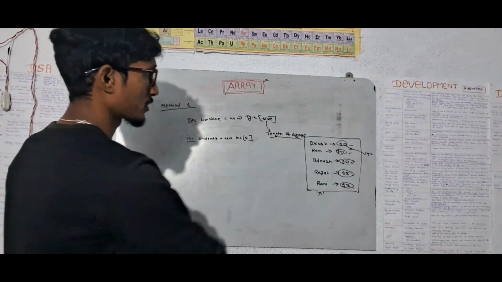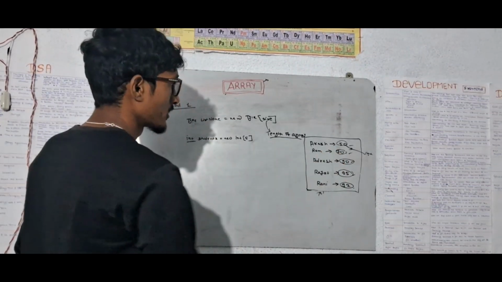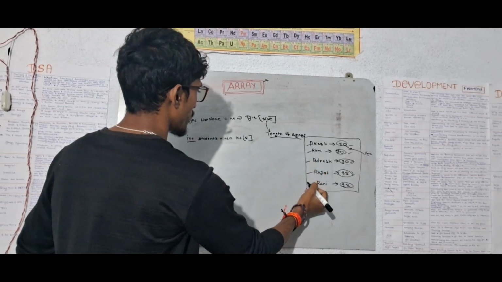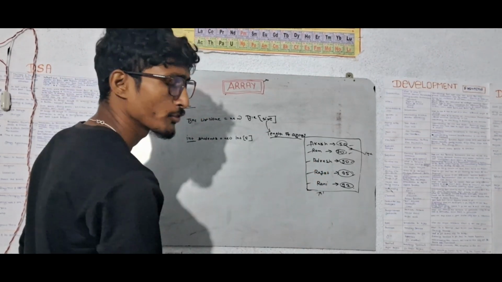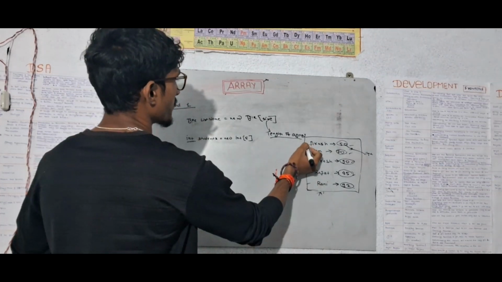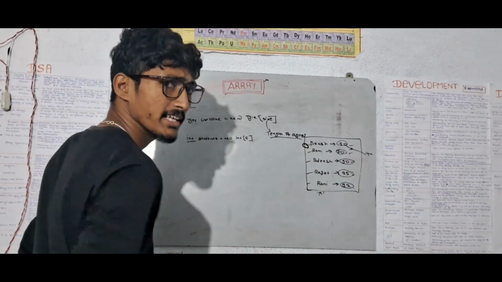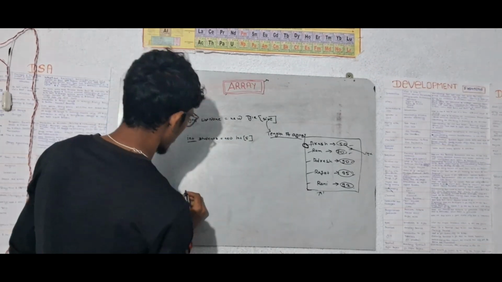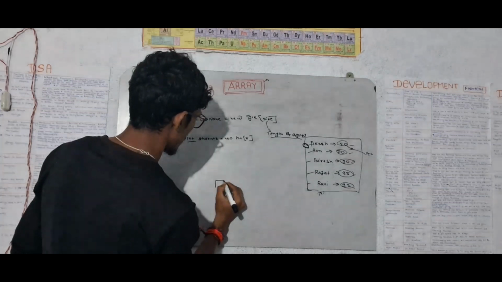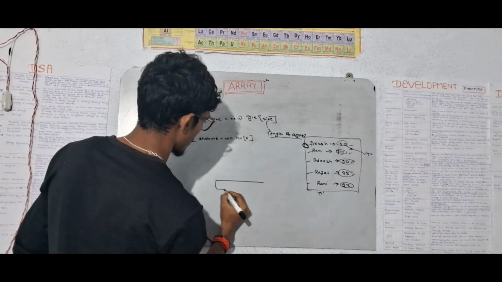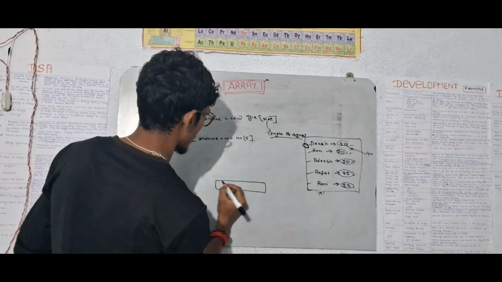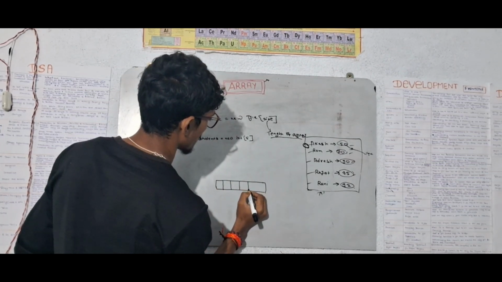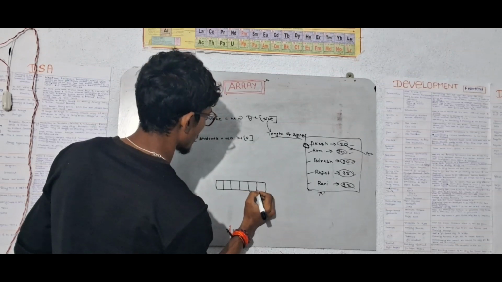Now we have to store the data. This is student 1, this is student 2, student 3, student 4, student 5. Let's make the array box: 1, 2, 3, 4 and 5.